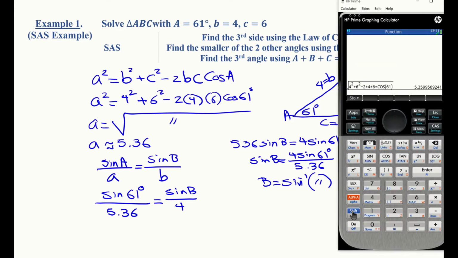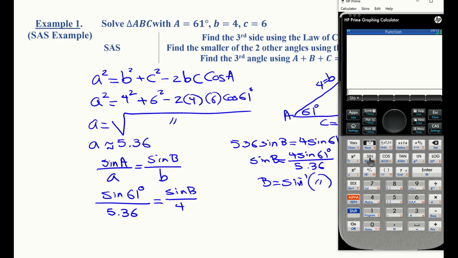And we'll go ahead and start with inverse sine. And then we'll type in 4. Actually, let's put all that into a parenthesis for best effect. So we'll put the numerator in parentheses, of course, after we push inverse sine.